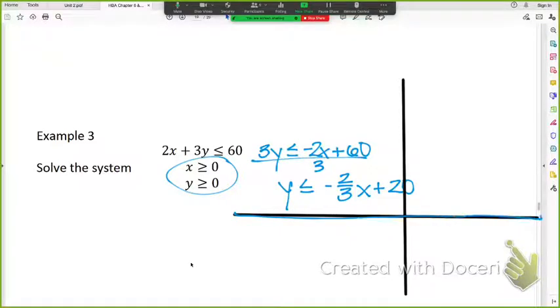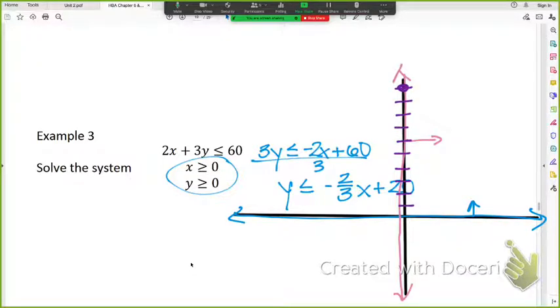Okay. So I've got y is greater than or equal to 0, so that's shading above that. I've got x is greater than or equal to 0, so shading to the right of that. And then I've got a line that starts up at 20 with a slope of negative 2/3. So I'm just going to go up 2, 4, 6, 8, 10, 12, 14, 16, 18, 20.